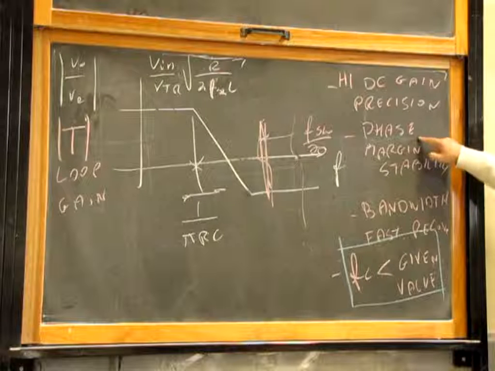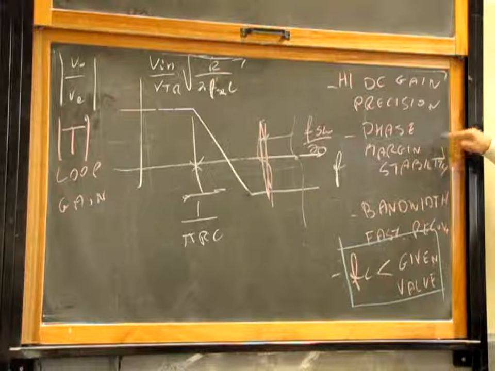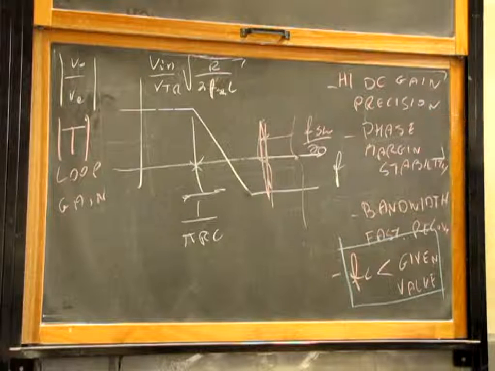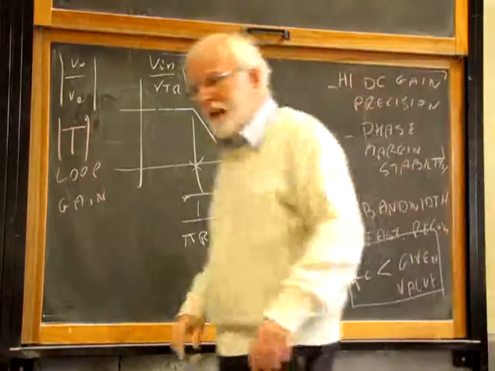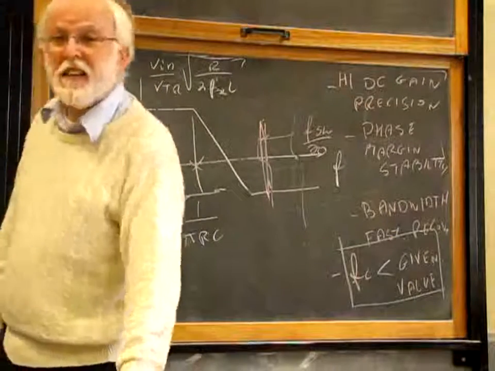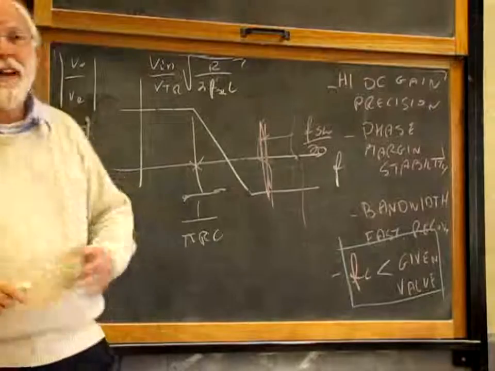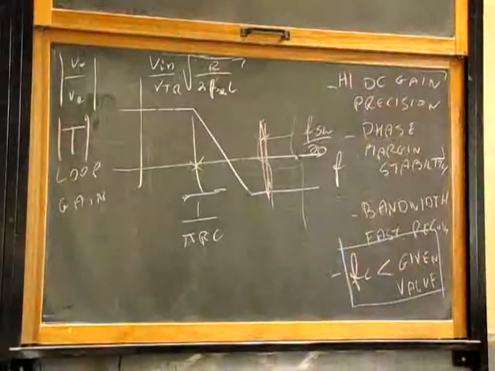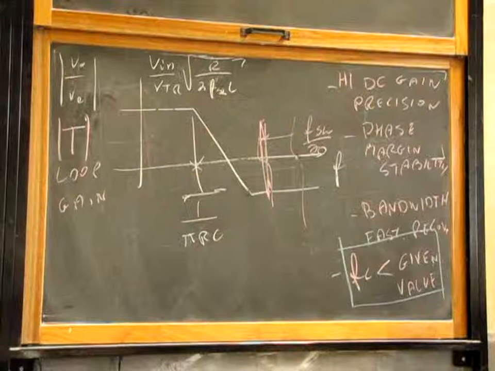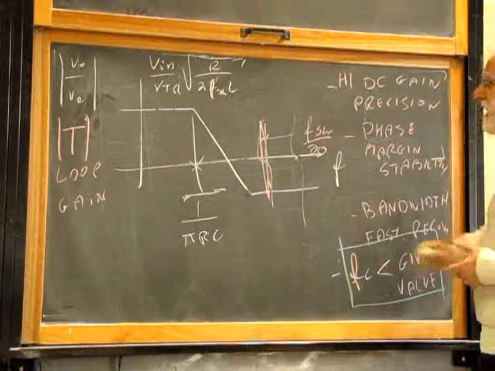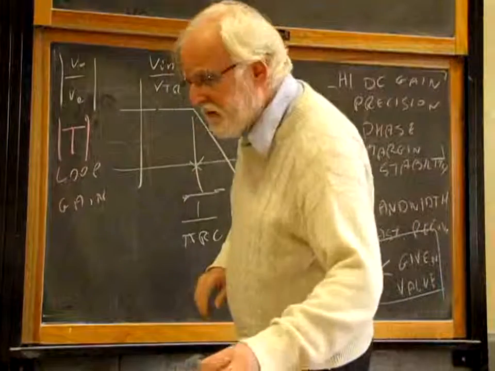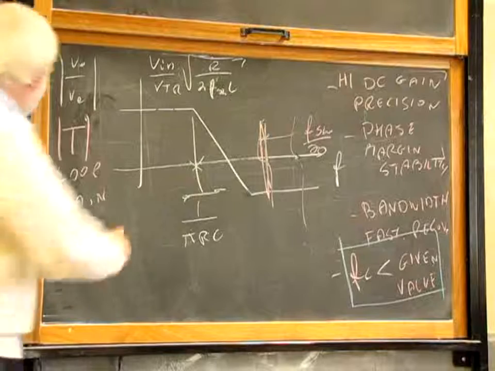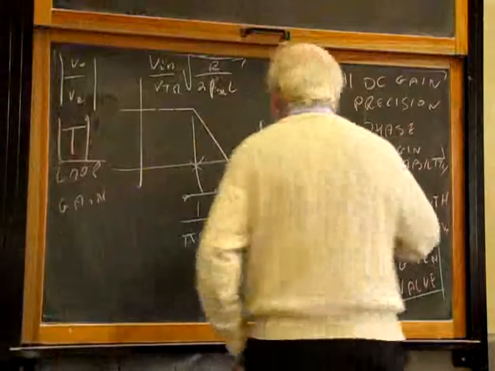Then indeed, phase margin, to have stability, and a high DC gain. It means that overall, all these requirements, especially the high gain and the phase margin, suggest to me that a good way to design this, it's not the best one, but it's a very safe way, is to find the right loop gain T, and T, this one, should be something like this.